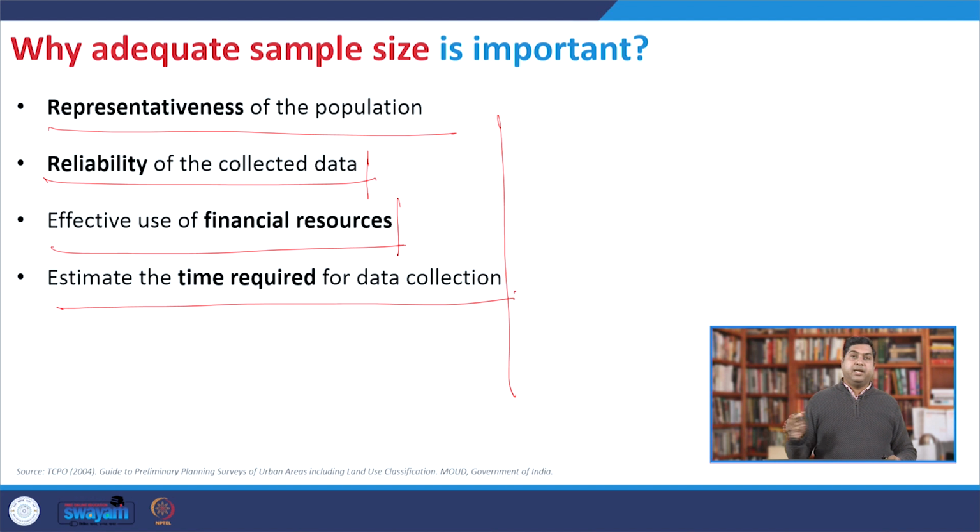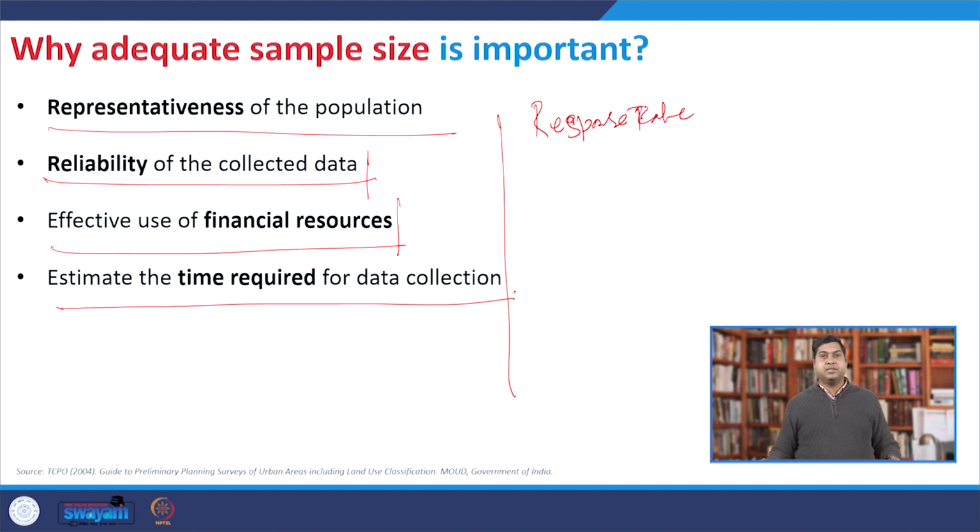But at the same time, when you go for such interviews or human participation in such surveys, it is not always true that you approach a person and automatically he or she will agree to answer you. So there is an important aspect that is called the response rate.